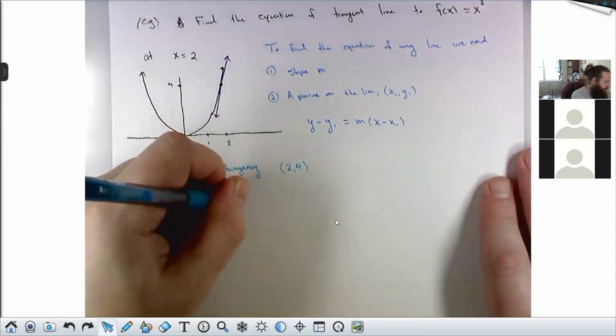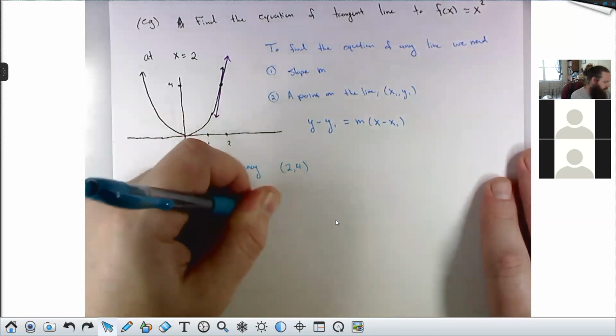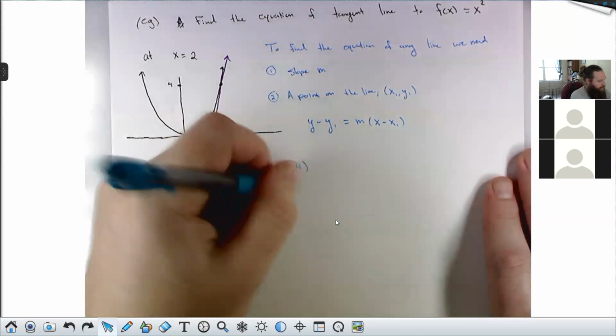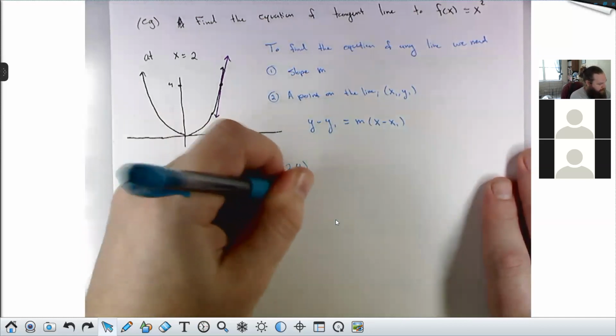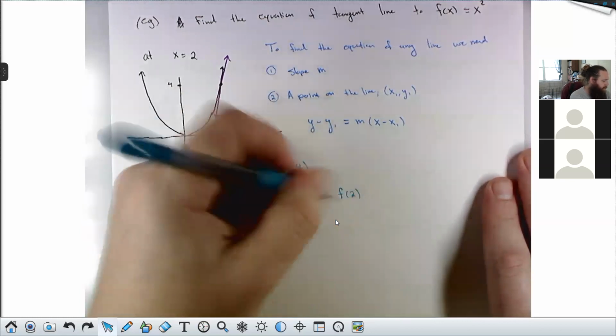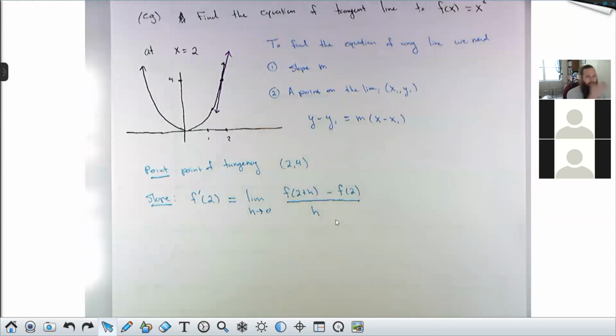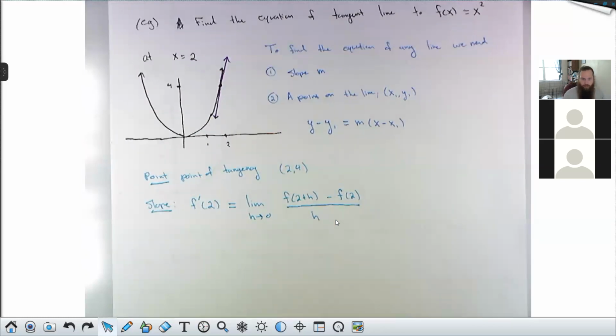But I know that it should be the limit as h goes to 0, f of 2 plus h minus f of 2 all over h, right? I'm just taking that definition of the derivative, the definition of f prime of a, and I'm plugging in 2 for a. Take a second, make sure you see where all the pieces are.